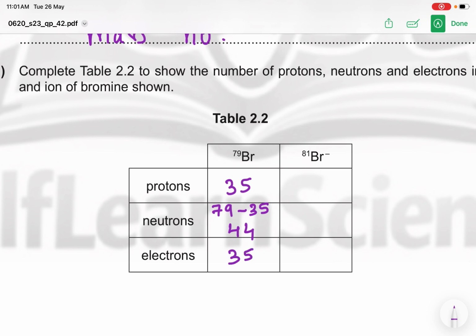And in case of bromine, which is here a negative ion, the atomic number remains same, that is the number of protons will be same, that is 35. The mass number changes here, so 81 minus 35 will give us 46, and you can see that there is a charge here, that is minus 1 charge, meaning bromine has accepted an electron, so the electrons will be 36.